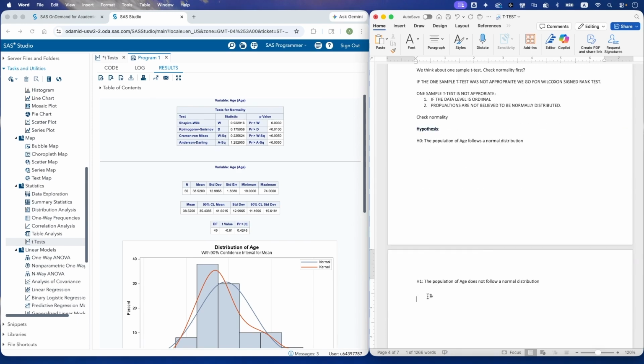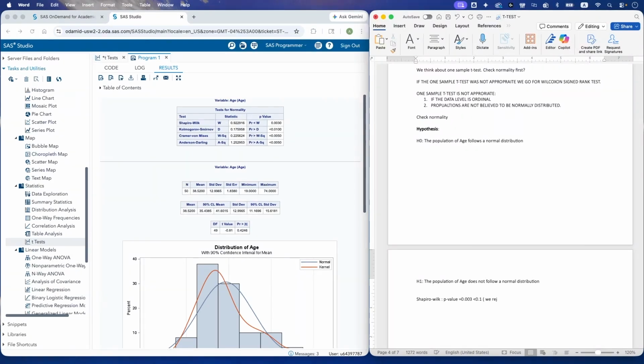If you look at Shapiro-Wilk, the p-value is actually equal to 0.003, which is less than 0.1, my alpha. What does this mean?